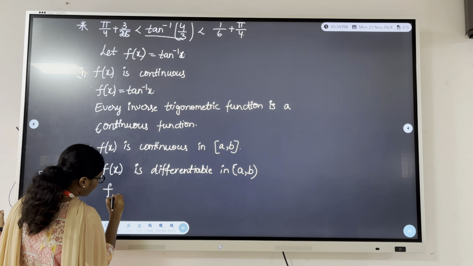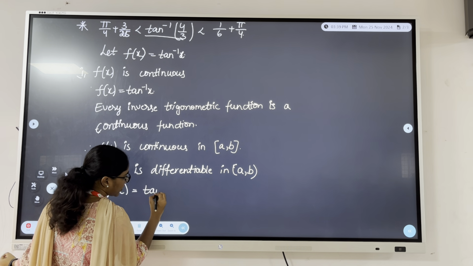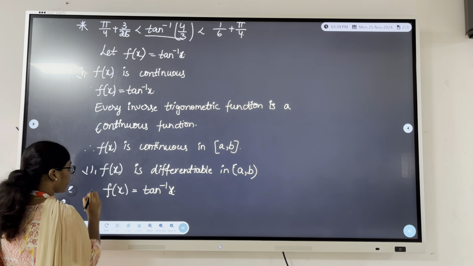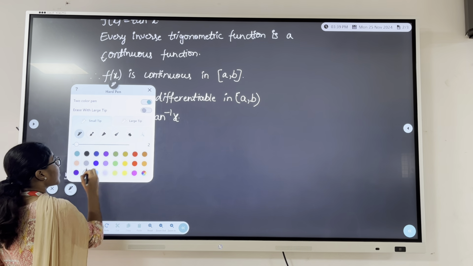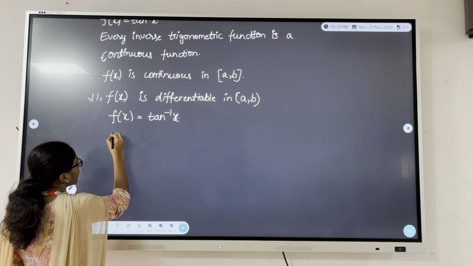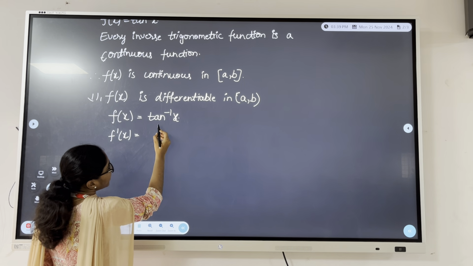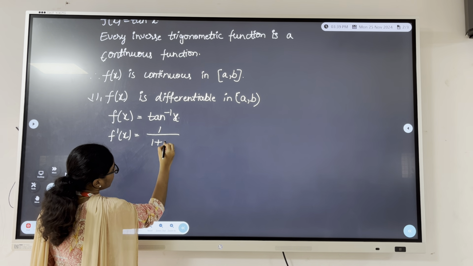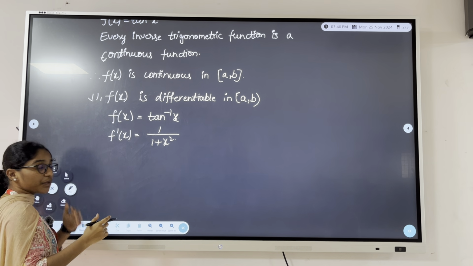As we know, f of x equals tan inverse x. Derivative of f of x equals derivative of tan inverse x is 1 by 1 plus x square. So it has a perfect derivative.